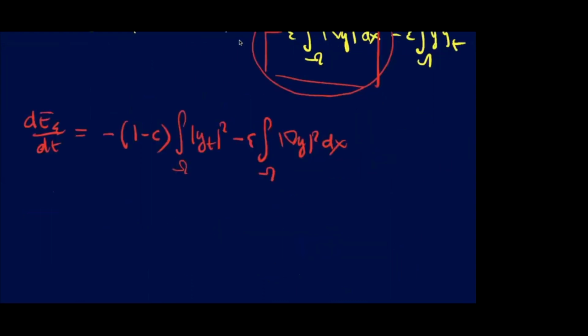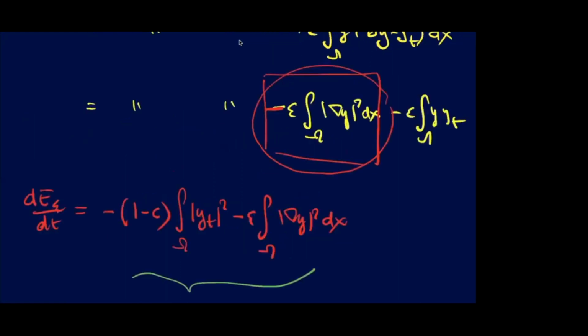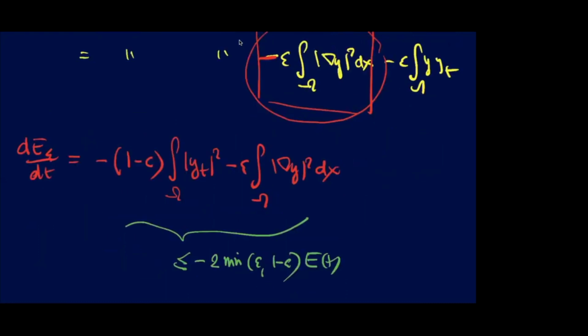If these were the only two terms, this would be great because I could simply say that this is less than minus 2 times the minimum of epsilon and 1 minus epsilon, times the energy, right? Or something like this. That would be great. This is really what I need. But unfortunately, there is a small remainder term, right?